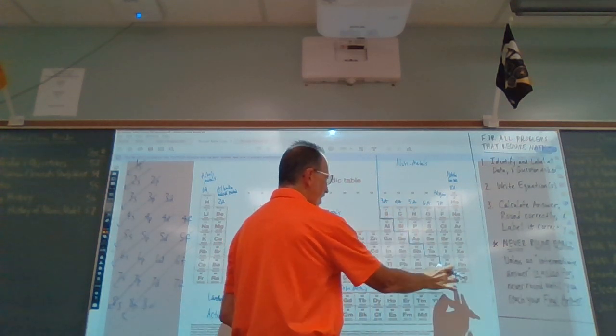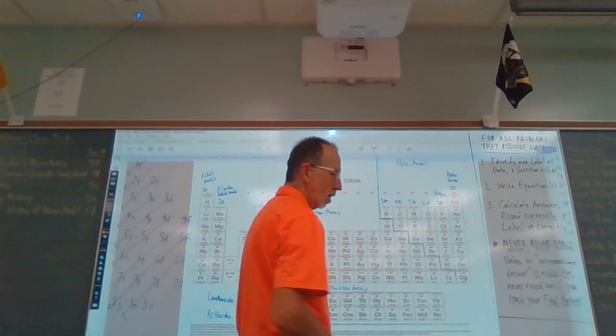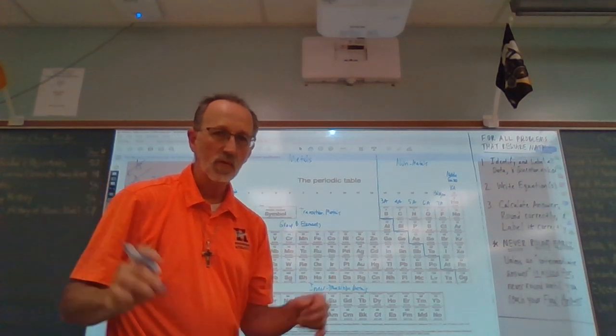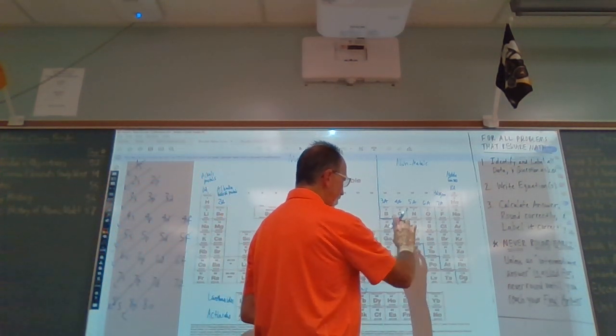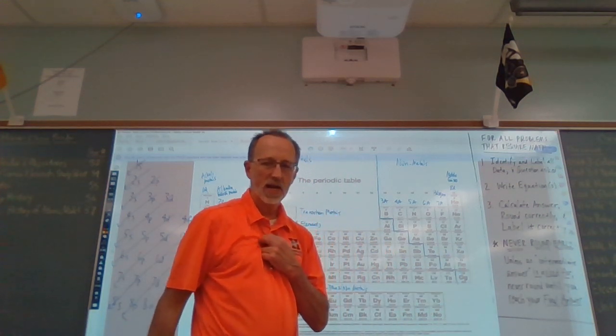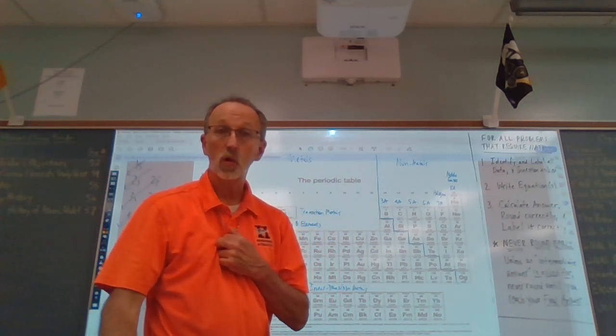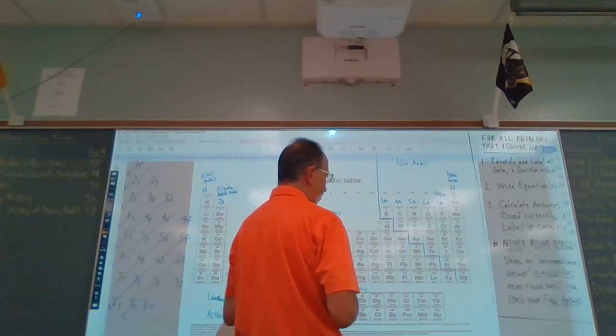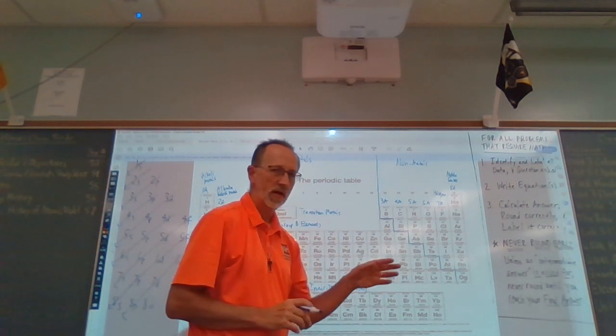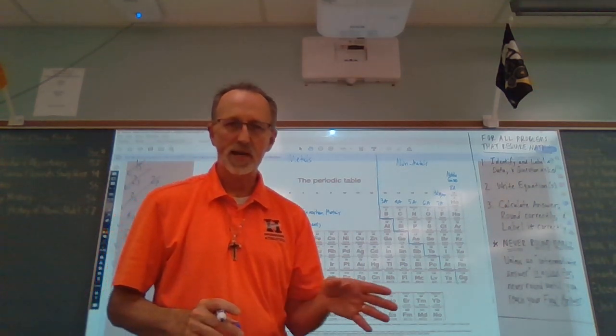And in this particular area here, the stair-step line, or whatever you want to call it, the dividing line, most of the elements that border this line are called metalloids, right? And basically, metalloid means they share the properties of both metals and nonmetals.